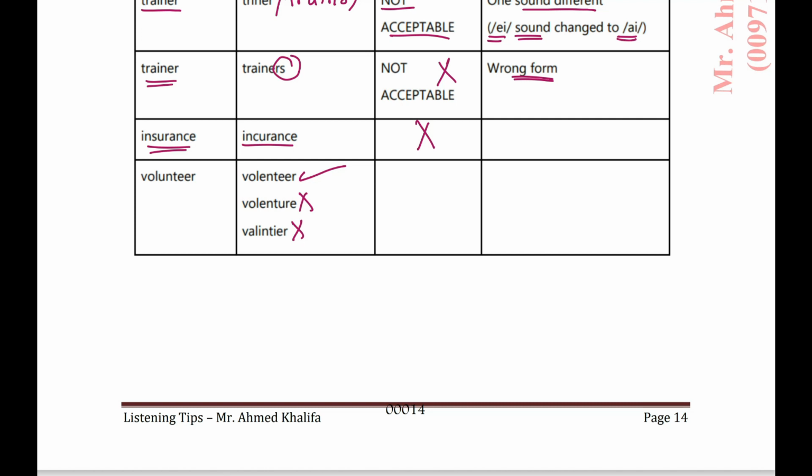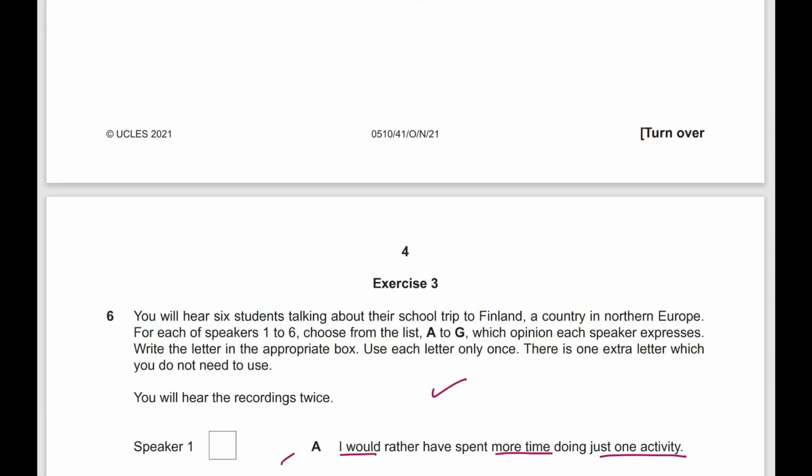The do's and don'ts: what you are supposed to do and what you are supposed to avoid. The do's. I just want to go through the exam that we have here, which is this one.